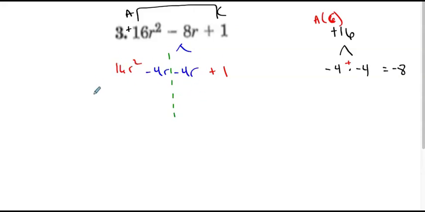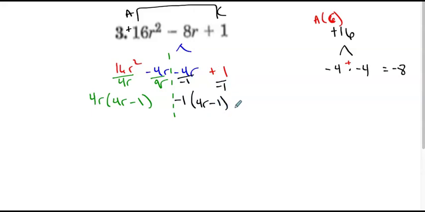16r squared minus 4r, I could factor out a 4 and an r. So I'll take a 4r from both of these, and I'm left with 4r minus 1. And my next term starts with a negative sign, so I'm definitely going to factor out a negative. Can't factor out anything else, so I'm just going to factor out negative 1 and divide by negative 1, divide by negative 1. This will give me a positive 4r, and positive 1 divided by negative 1 is going to give me negative 1.